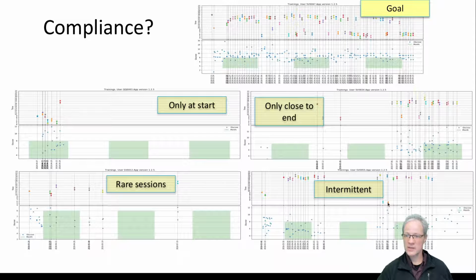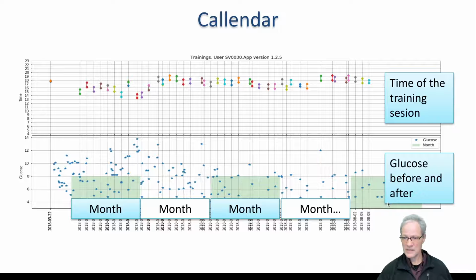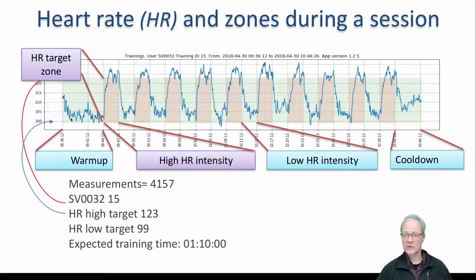What's more interesting is the actual data when you go through the training, right? So this is one training session. We're looking at the heart rate data here. The upper and the lower edges of this colored belt are the heart rate target zones. So basically this is for the high heart rate and this is for the low heart rate target zone.